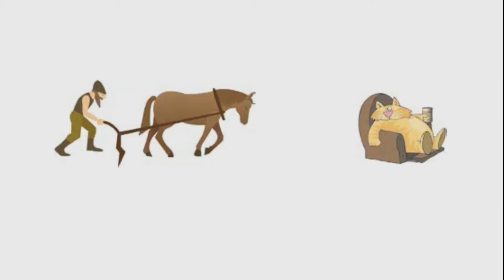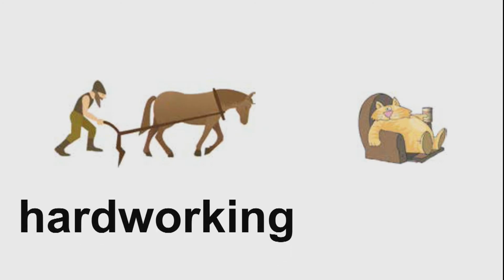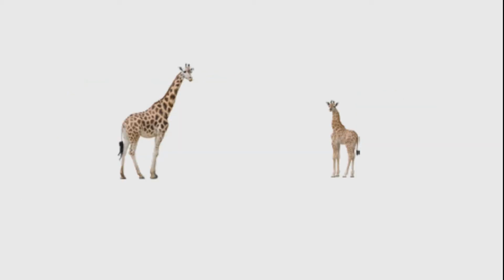A horse works hard. That's why we call it hardworking. Hardworking. Look at that cat. Is it hardworking? Not really. It's very lazy. Repeat after me. Hardworking, lazy. How about these two giraffes? One is tall.